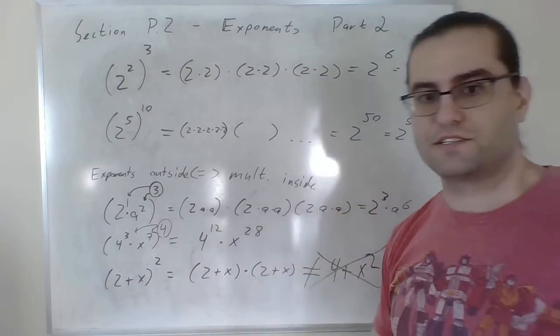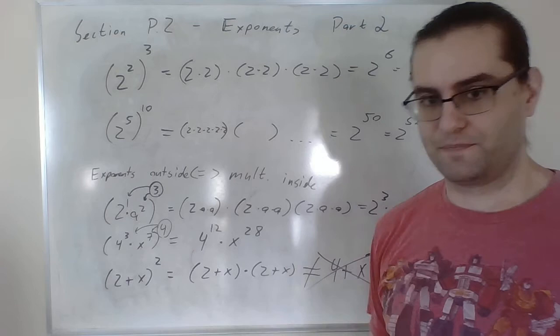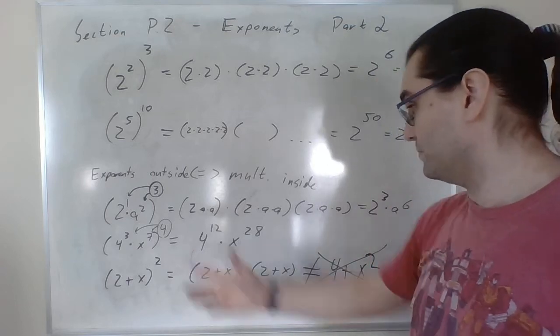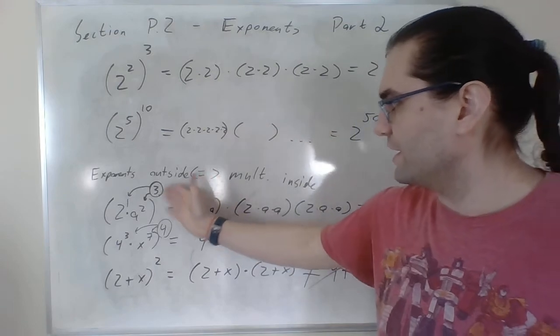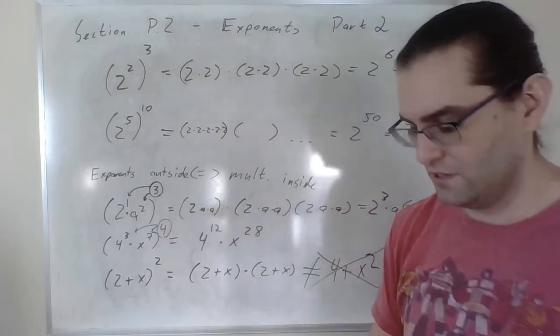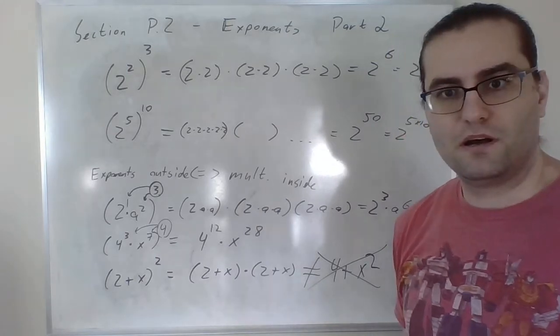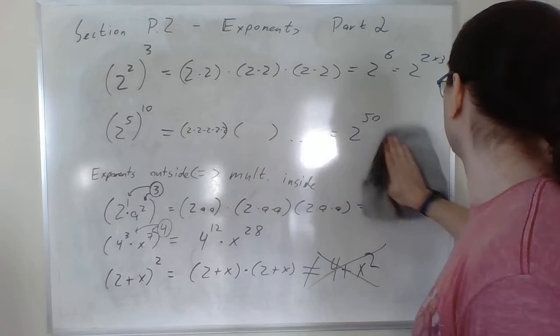Under any circumstances. It is not a thing. Will never be a thing. So we have a third property. We have exponents distributing. I think we're ready to do some weird nonsense.